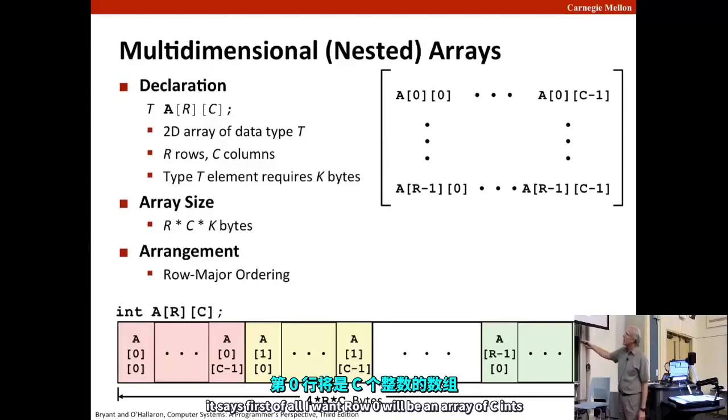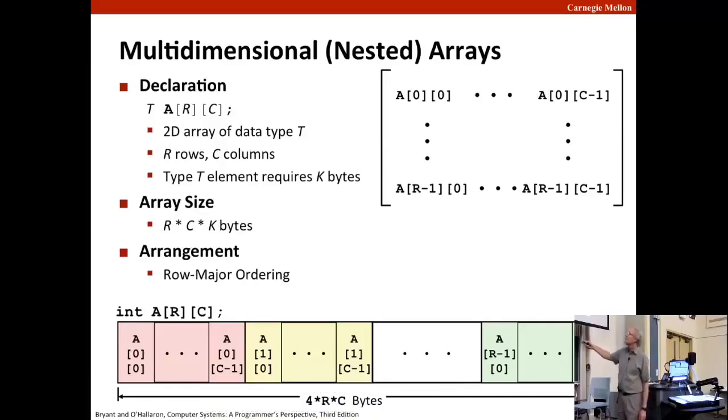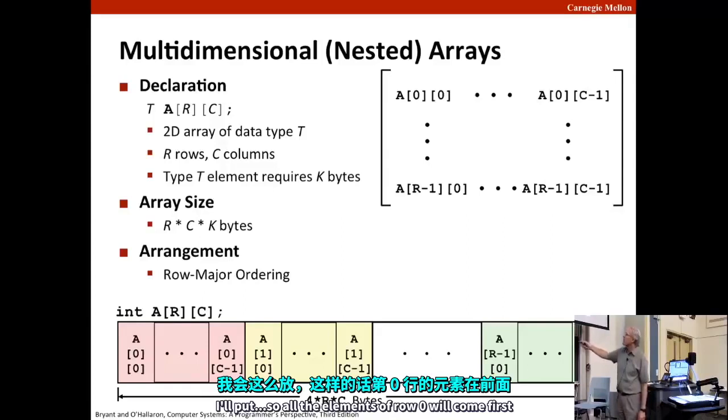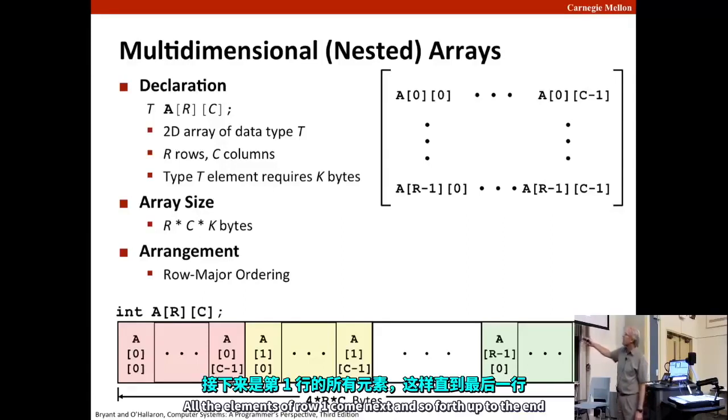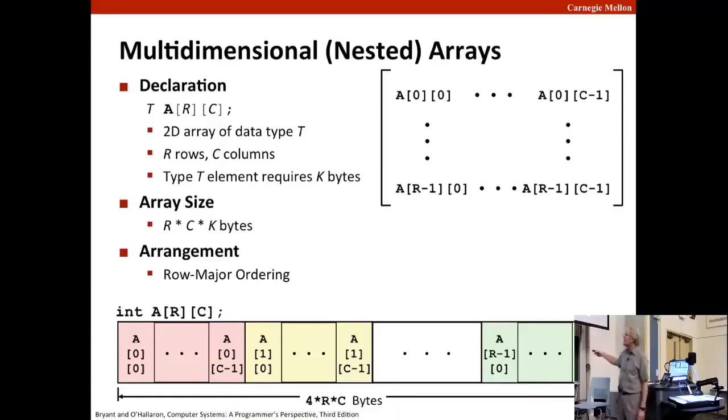It says, first of all, row 0 will be an array of C ints, C being the number of columns. So all the elements of row 0 will come first, all the elements of row 1 come next, and so forth up to the end of it all.